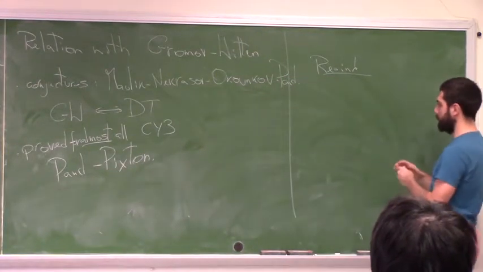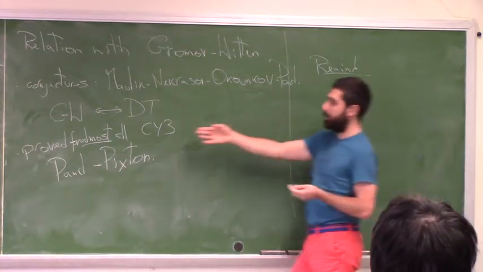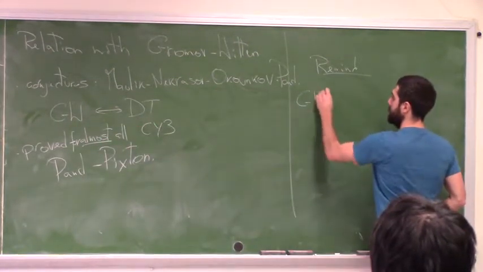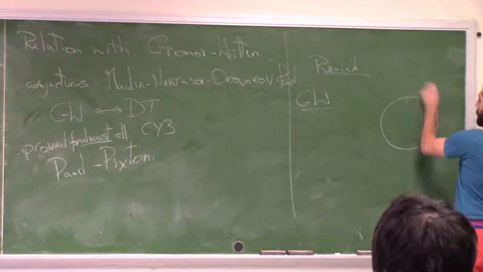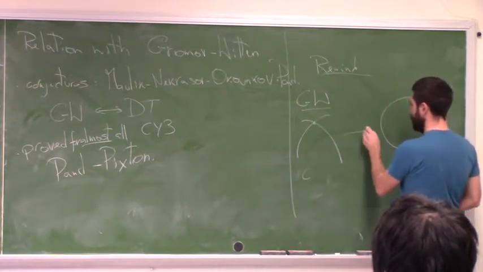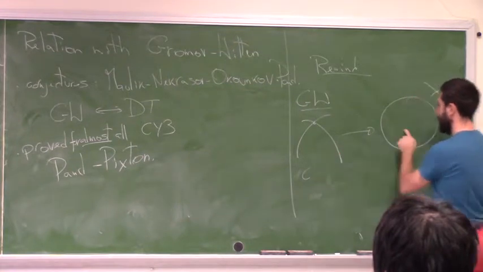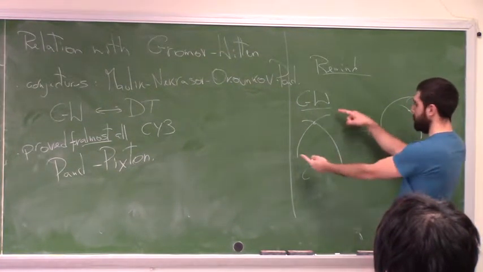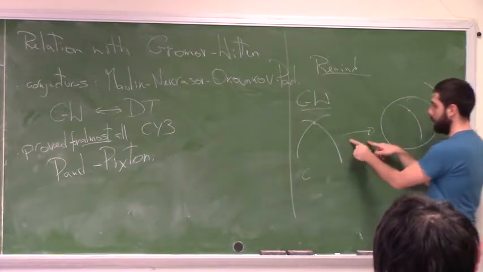So these two theories are of a very different flavor. In Gromov-Witten land, what you're doing is that you have your X, and then you have your curves, which are stable curves, and you map them into X. And in this theory, you're allowed to collapse. These are what are called stable maps.